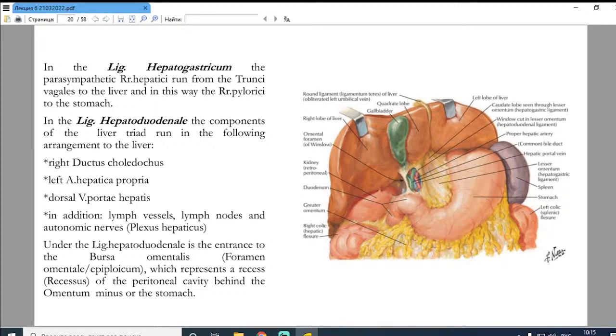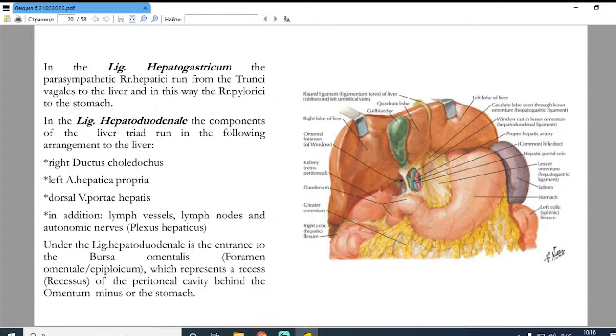In the ligamentum hepatogastricum, the parasympathetic rami hepatici run from the truncus vagalis to the liver, and in this way the rami pylorici to the stomach.